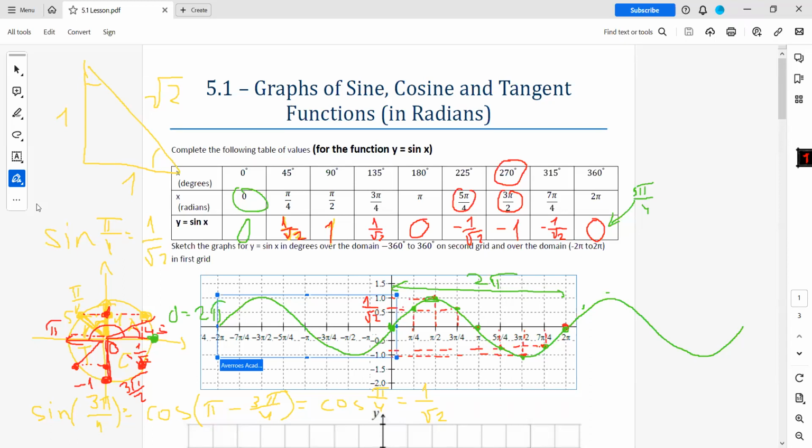Cosine would be offset by pi over 2. It would look like this. You see, with the shift of pi over 2. Yep.